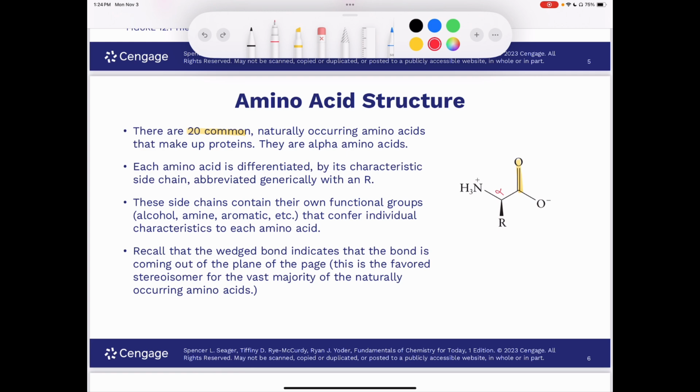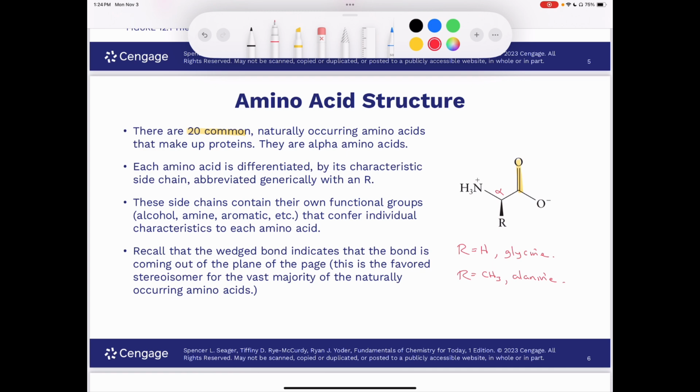So each amino acid is differentiated by its characteristic side chain, abbreviated generically with an R. And like I told you, if R is a hydrogen, that would be glycine, okay? So glycine. I can tell you another one, if you have a good memory, if R is a methyl group, if it's a CH3, that's called alanine, all right? And again, I'm going to show you the structures of all the R groups and the names of the associated amino acids in just a little bit.